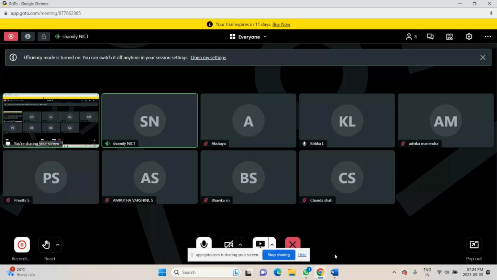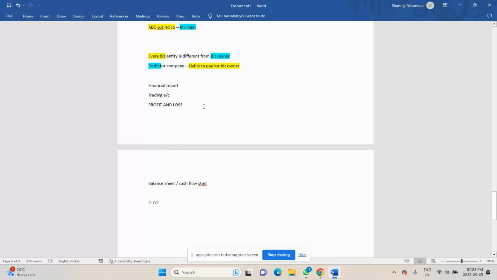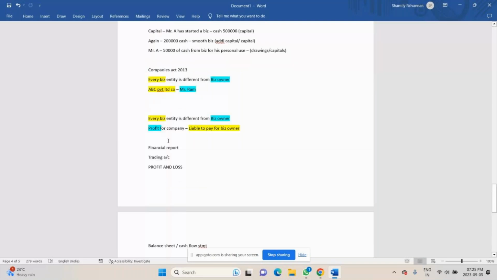Yes, ma'am. Good. So, see, whatever we are doing in a business. Now, I'm running a business. To run a business, who gave me the money? That is ABC Private Limited Company. I want to run this business, and someone gave me money, that is Mr. A. As per the Companies Act, there is one rule: we have to treat this business and business owner as two different persons.